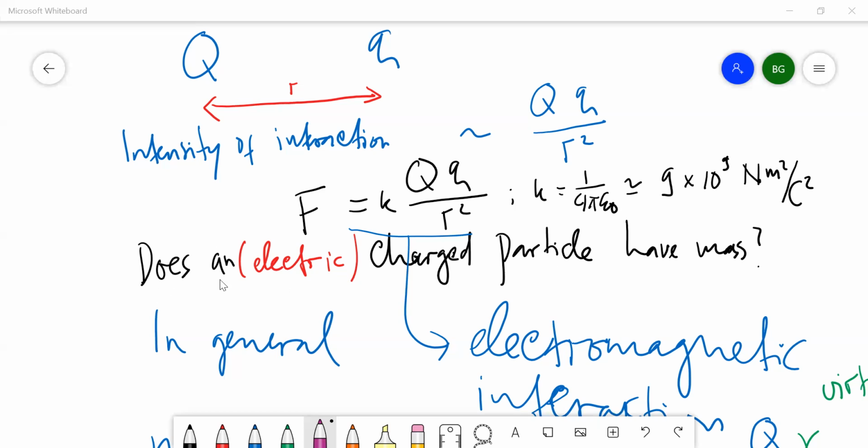What is your opinion: does an electric charged particle have mass? No, sir. Okay, who is answering the question? Sorry. Hello, who was answering the question? Me, sir, Davin. Okay, thank you, Davin. Anyone?